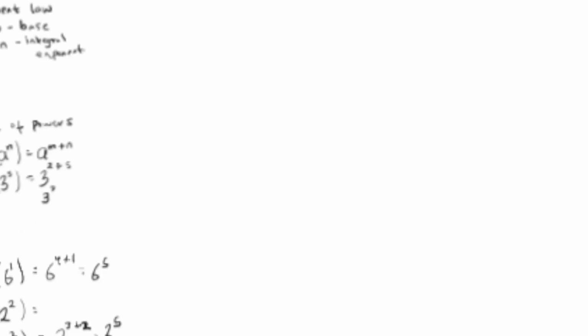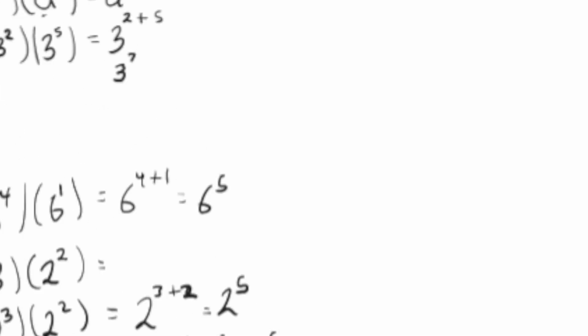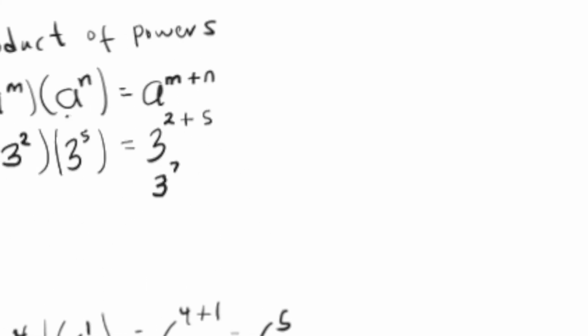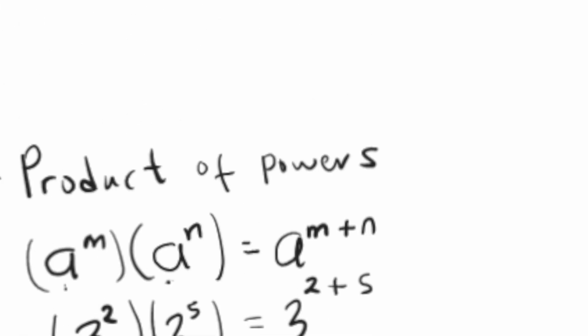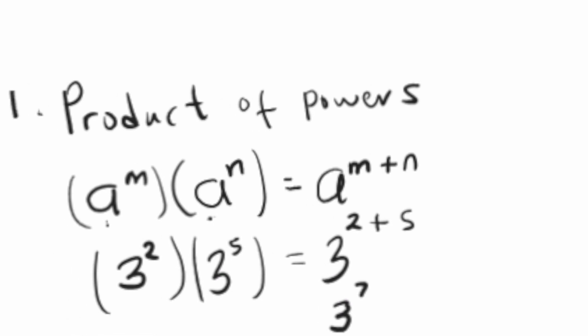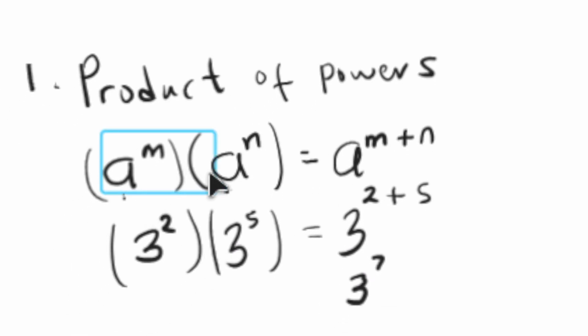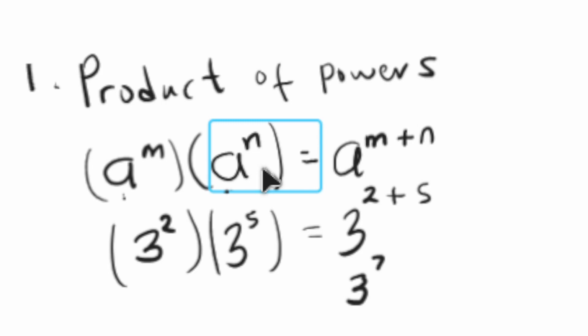Now we look at the laws of exponent, and we just look at the product law. We say that when the bases are the same and they are multiplied, you maintain the base and then you add the exponents.